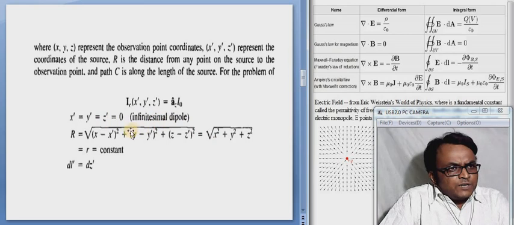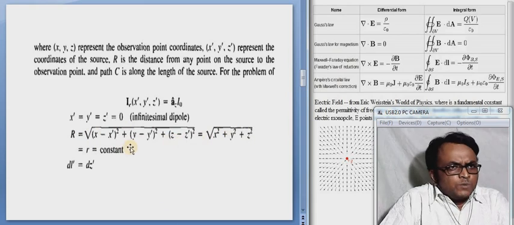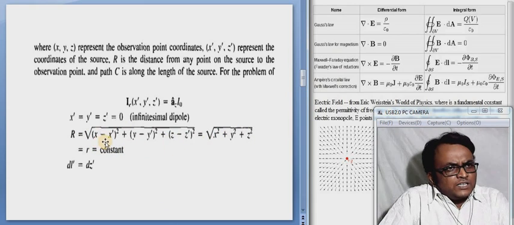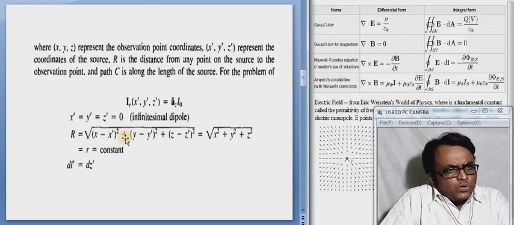For the infinitesimal small dipole antenna, to find the retarded potentials, the distance function becomes r equal to the square root of x minus x dash squared plus y minus y dash squared plus z minus z dash squared.